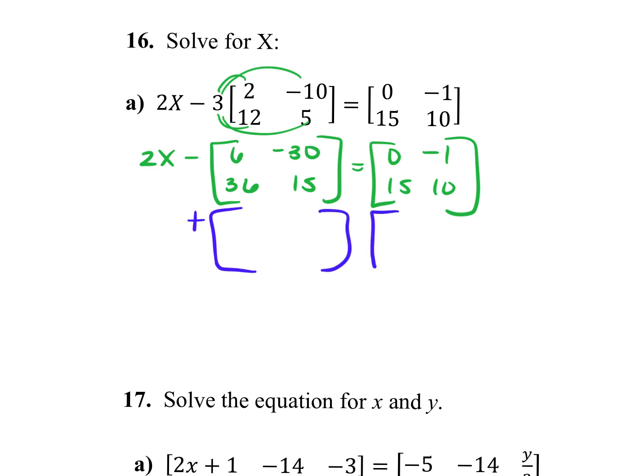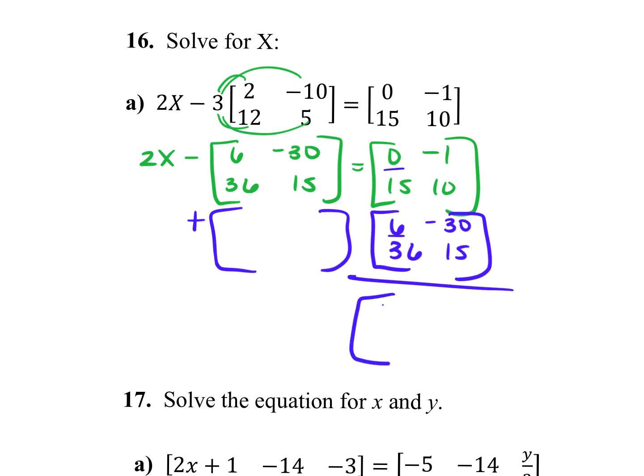I'll rewrite it here. So 6, negative 30, 36, and 15. So when I add those, I get 0 plus 6, 15 plus 36, so that's 51, negative 1 plus negative 30, so negative 31, and then 10 plus 15 is 25.